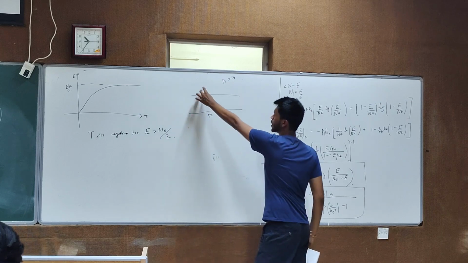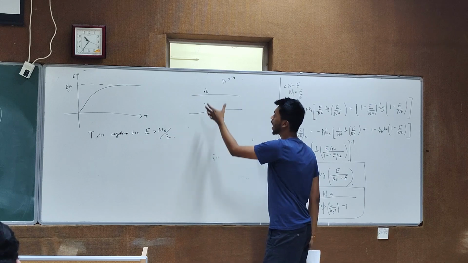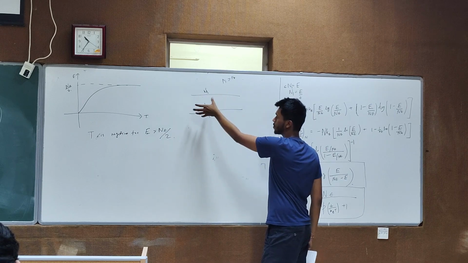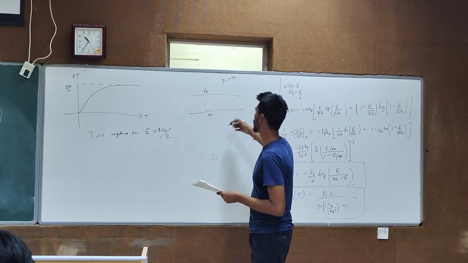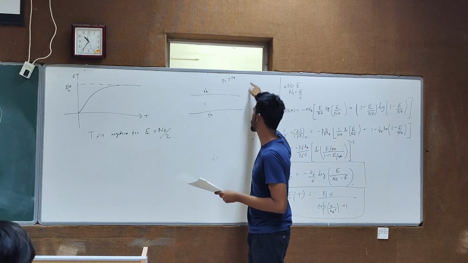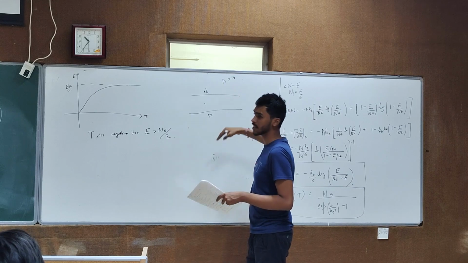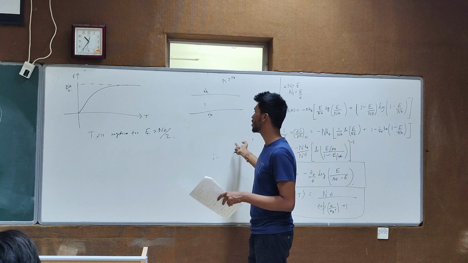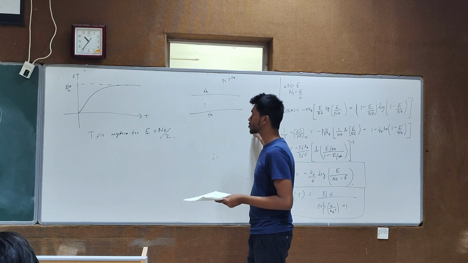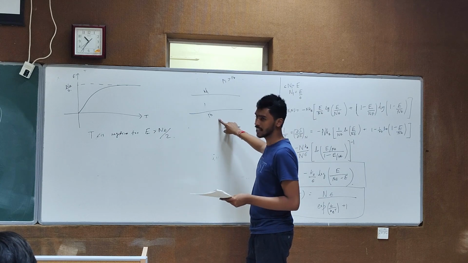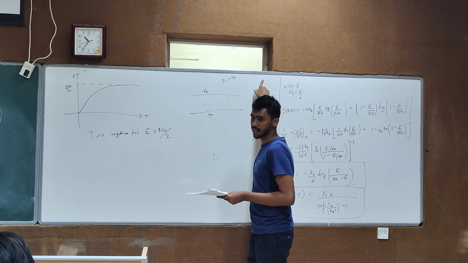So as you keep increasing n1, your number of permutations, or number of states, or multiplicity keeps decreasing. So as you're increasing energy, basically you're decreasing the multiplicity of the system. That means your entropy is basically decreasing as you're increasing energy.